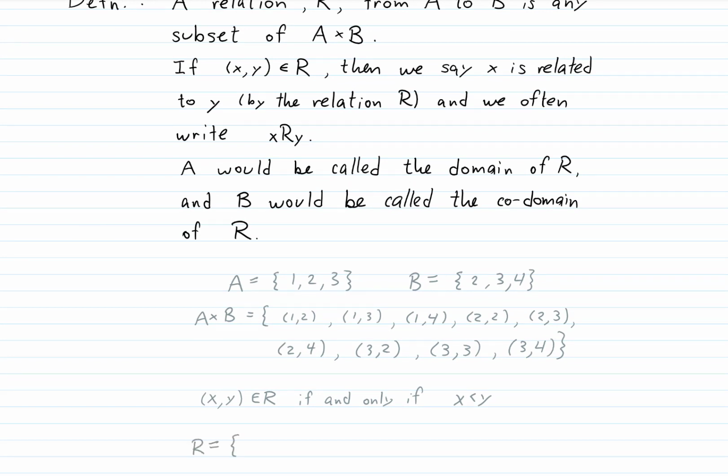So that relation would have these elements. Because 1 is less than 2, then 1, 2 is going to be in there. Since 1's less than 3, then 1, 3 will be there. And since 1's less than 4, then 1, 4 will be in there. 2's not less than 2, so 2, 2 won't be in there, but 2, 3 will.